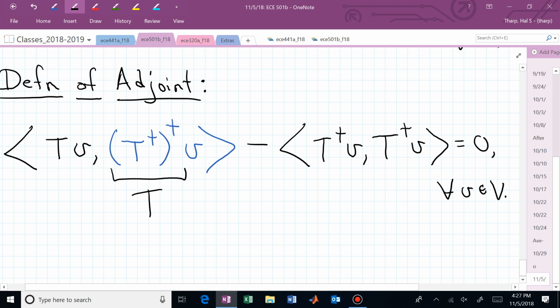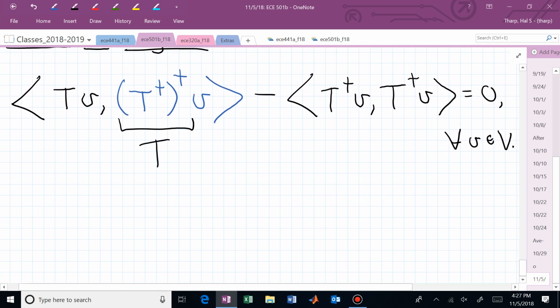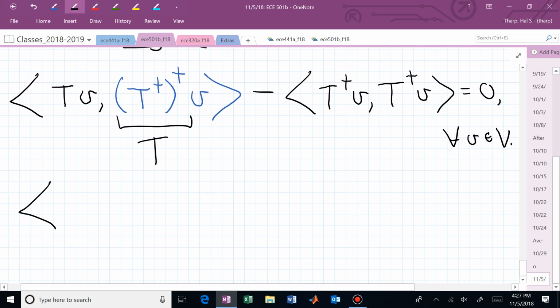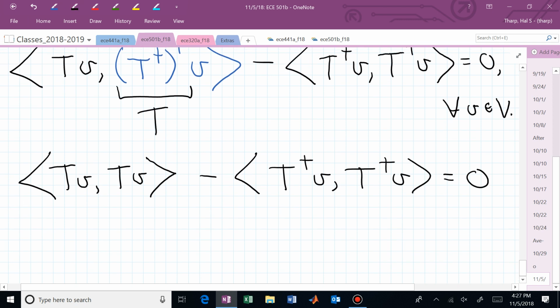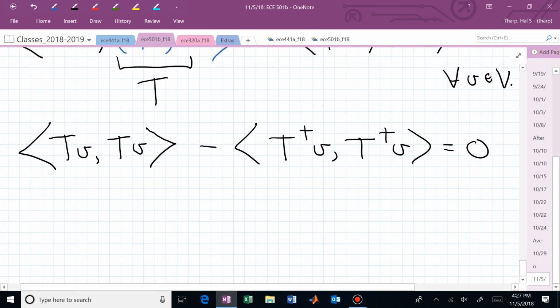So rewriting that, this just isn't the same live versus recorded, is it? Oh well. T v inner product with T v minus T dagger v inner product with T dagger v, and that's equal to 0. And I'm going to quit writing for all v except at the end. What do those two inner products equal?